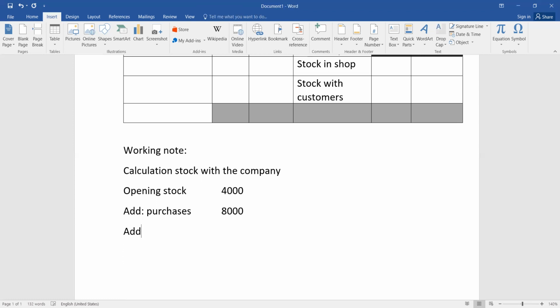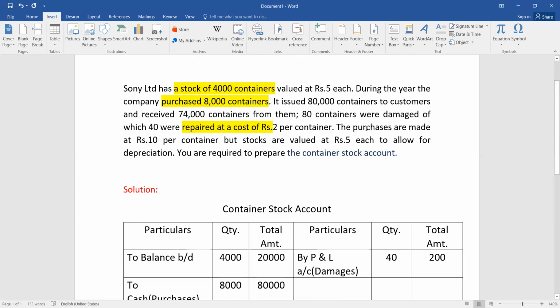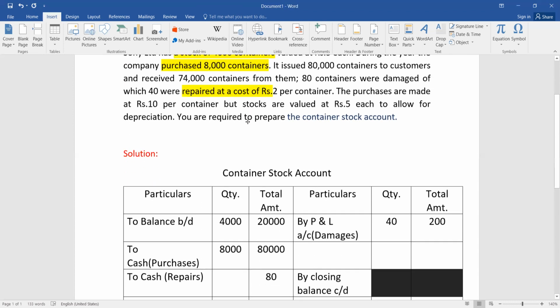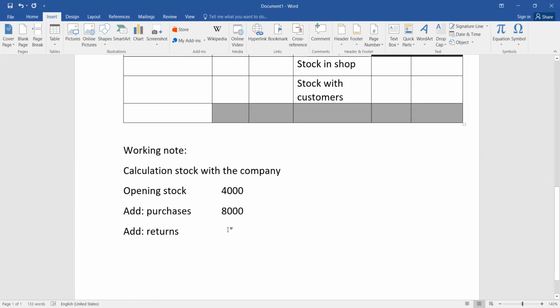And during the year, we had returns as well. So add returns. It issued 80,000 containers to customers and received 74,000 containers from the customers. So this also adds to the stock in the company.